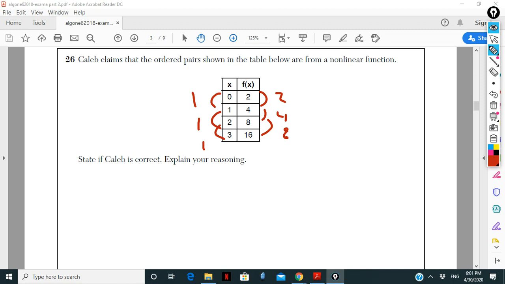It's exponential, because if you look here, it's multiplying by 2, multiplying by 2. So in that case, A is correct, it's nonlinear, because it doesn't have a regular rate of change, but it's an exponential function because it's multiplying by 2.